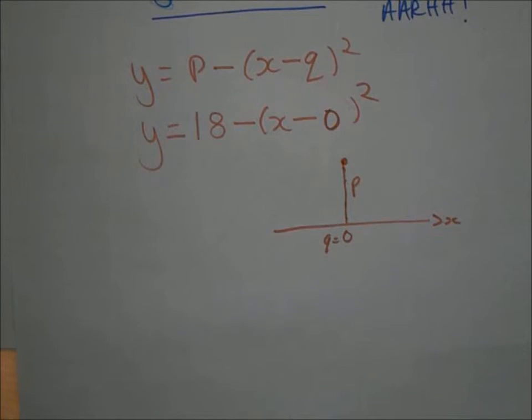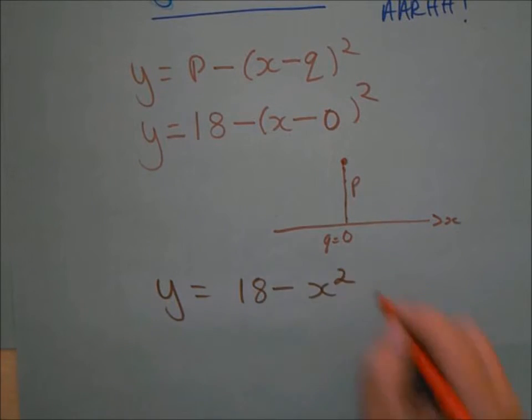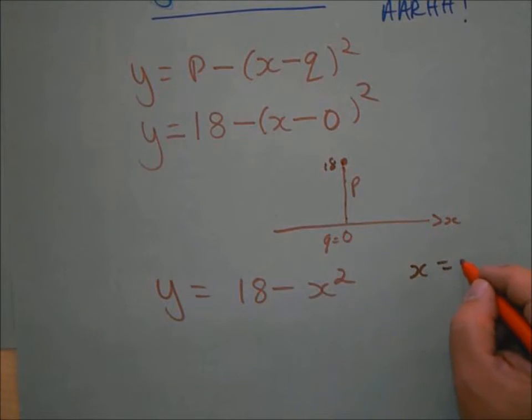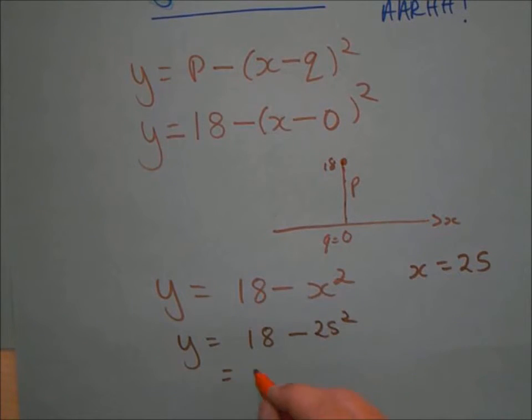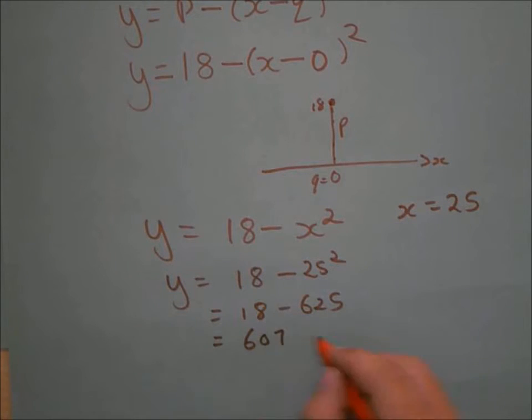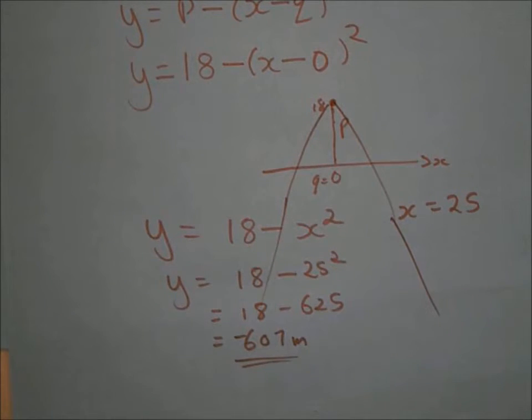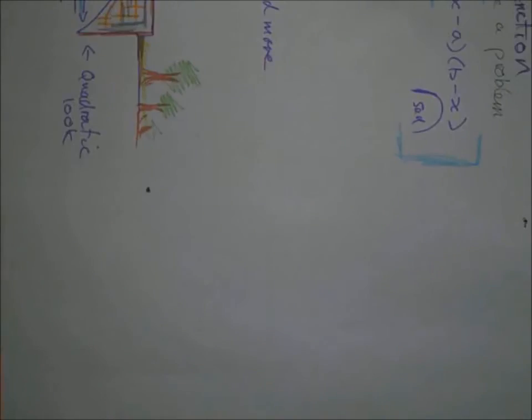So now we're going to have y equals 18 minus x squared. We're going to have the square root of 18, which is just not going to be good. It's going to be 4 and a bit. And if you put 25 in, which I'm doing there, you can see we've got minus 607 meters either side. That's just ridiculous.